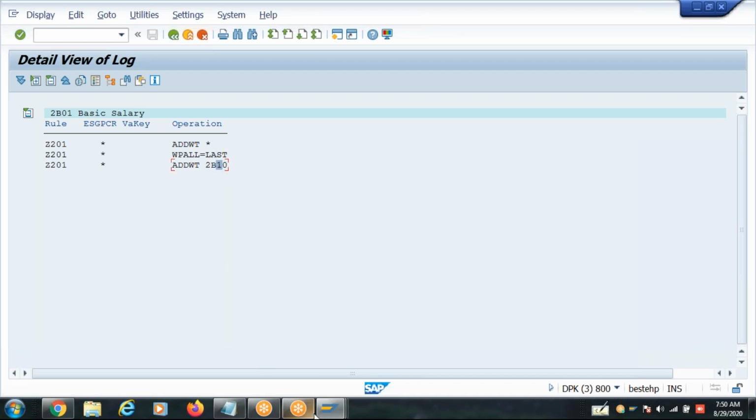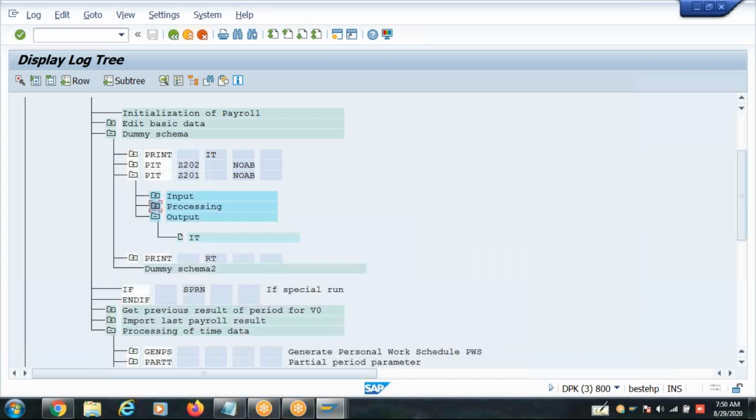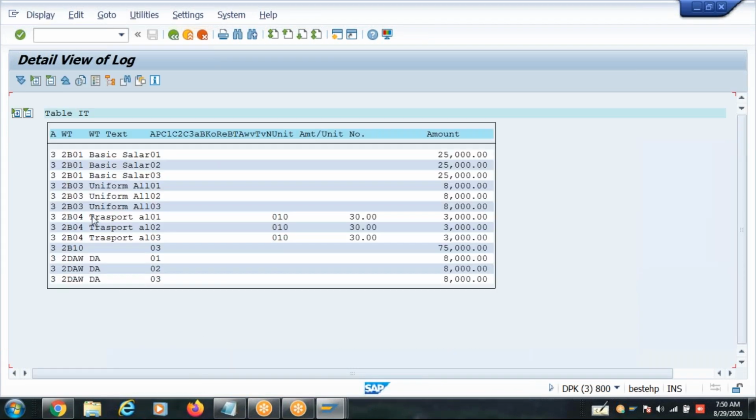So 2B10 in the output will have what? Split 3. Okay. Next.